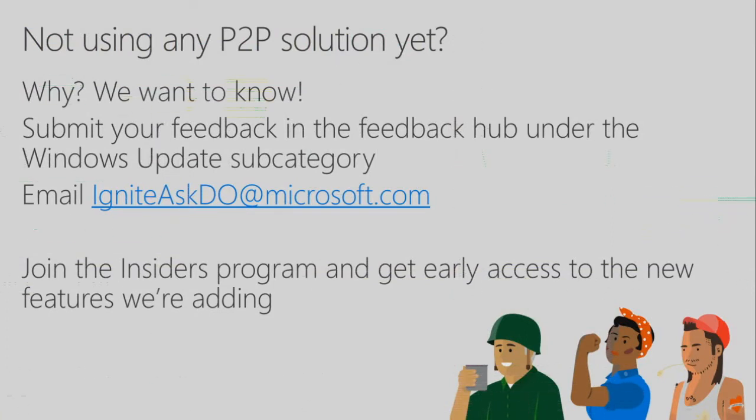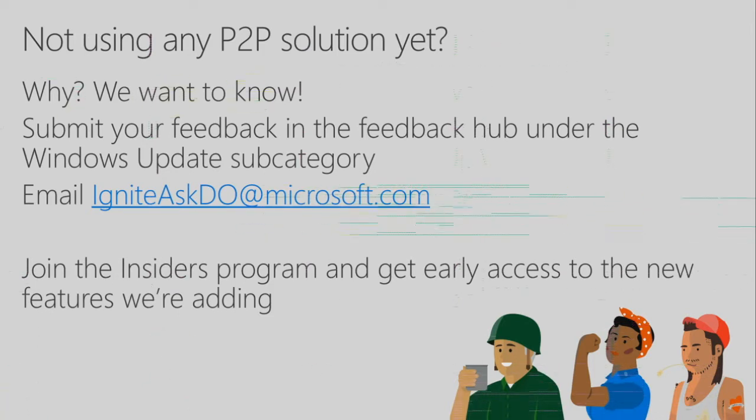If you're not using peer-to-peer today, or you've decided to try delivery optimization and it's not working the way you expected, we want to know. I really encourage you to use the Feedback Hub in Windows 10, and maybe we'll switch just to show where it is, if you don't mind.